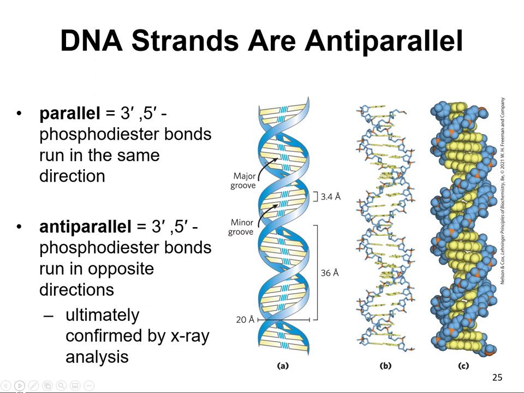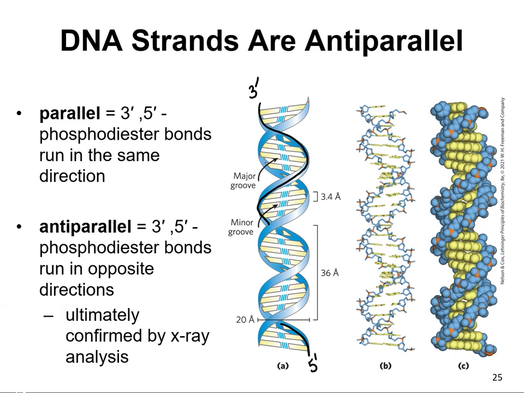So what that means is we've got these two different strands. I'll kind of color. There's one strand. I'm not going to color the whole thing. And we'll say this is the 3' end. And we get all the way down here. This is the 5' end.